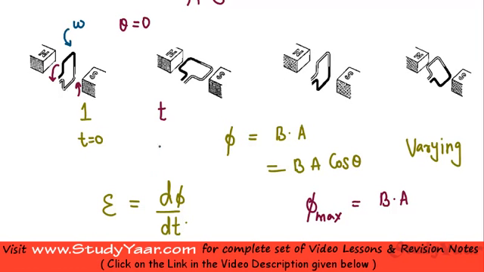At a certain time t, what is the angle that this coil has rotated through? That angle is simply going to be omega into t. So the angular displacement of your coil at any given instant is simply your angular velocity of the coil into your time.